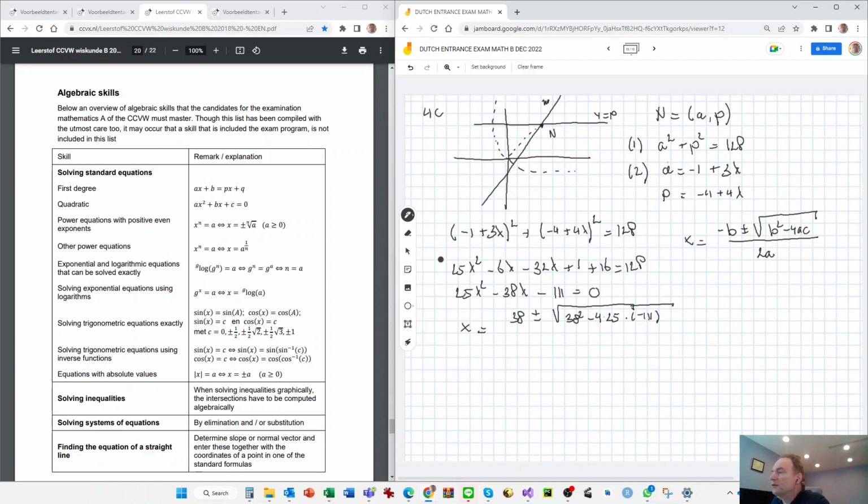Alright, the grinding is real. Divided by 2 times 25.